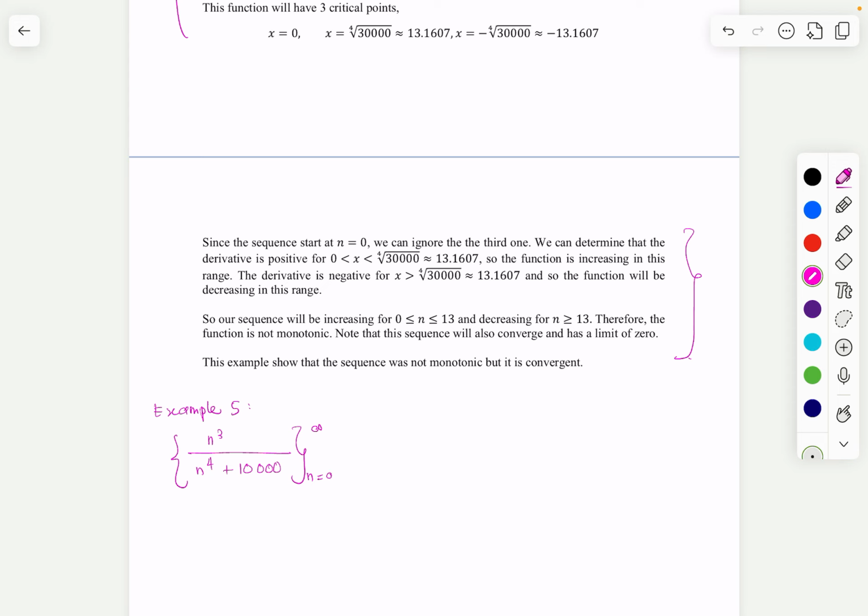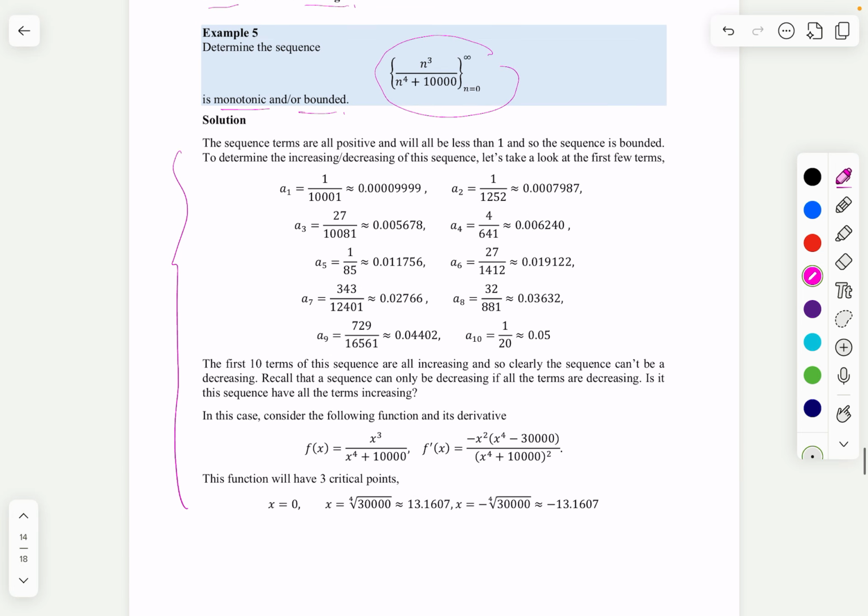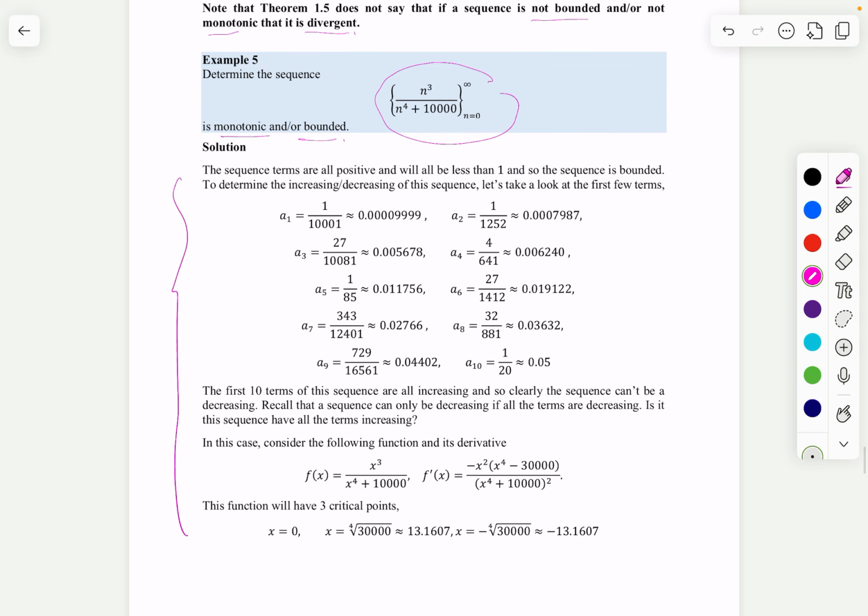So we want to check the monotonicity. Again, you might want to expand this sequence. If you expand, the first term would be this one, this is the second term, third term, and so on.